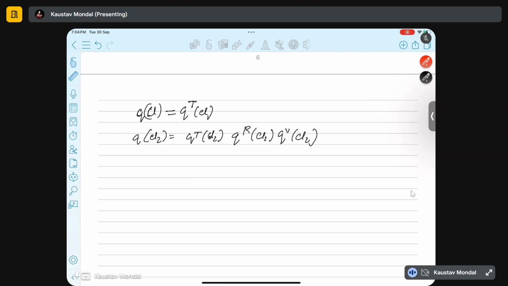So it has all the parts like this. So now from here you can easily write it.